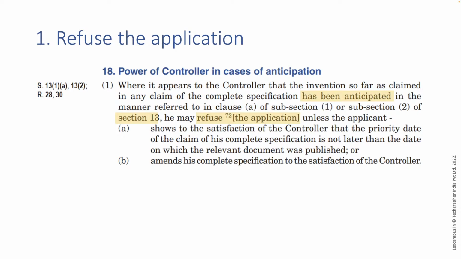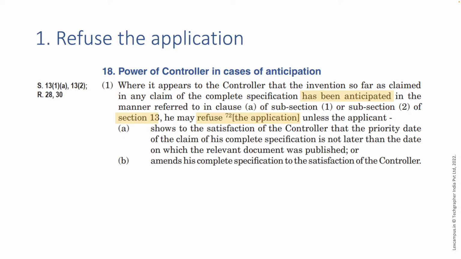Now there are definitions of anticipation, there are sections on anticipation, there are grounds on which a patent can be revoked on anticipation. So this just reiterates the power under section 13, which you have already seen, that in case of anticipation, the controller can refuse the application.